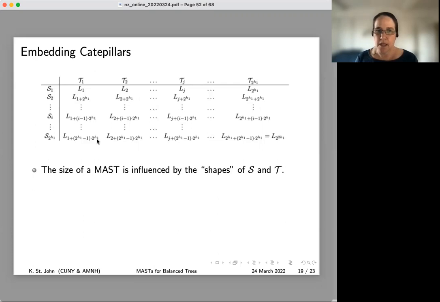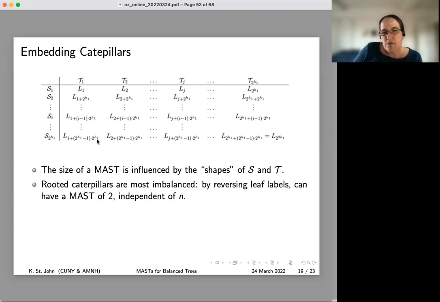And the size of the mast is going to be influenced by these overlaps. So if there are 2 rooted caterpillars, one that goes from 1 to N and the other that goes from N down to 1, they only contribute 2 to the mast.